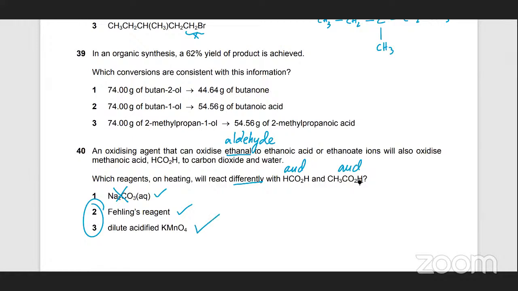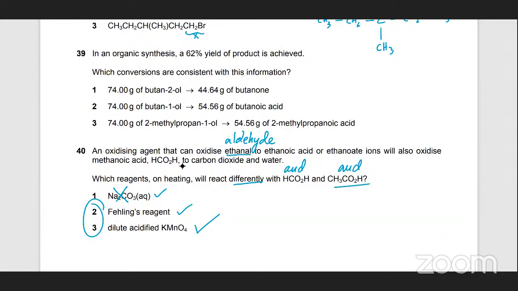So Fehling's reagent is going to oxidize aldehydes. KMnO4 would also oxidize aldehydes. So he's saying that anything that oxidizes ethanol to ethanoic acid will also oxidize methanoic acid. So methanoic acid is the only one that's getting oxidized.